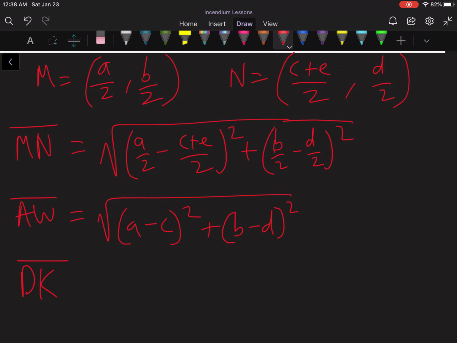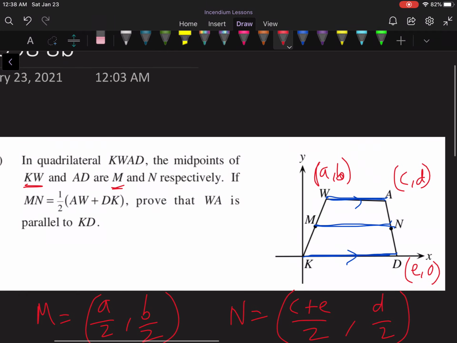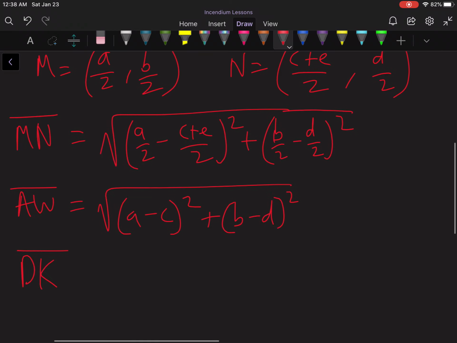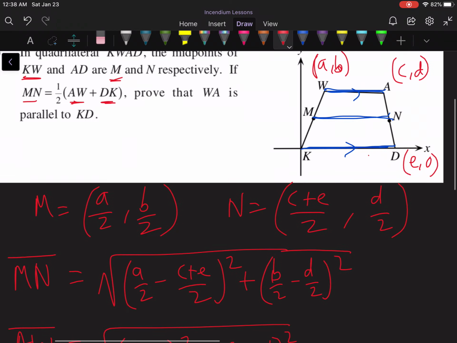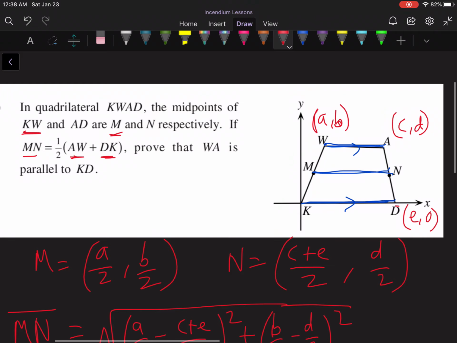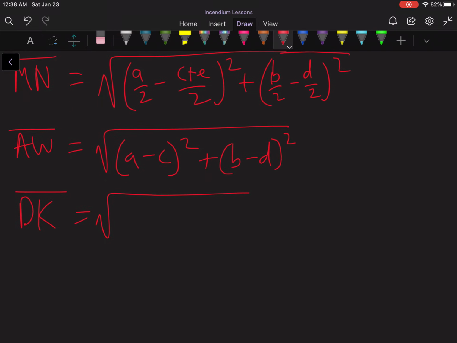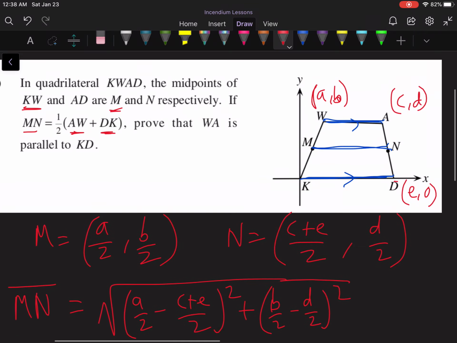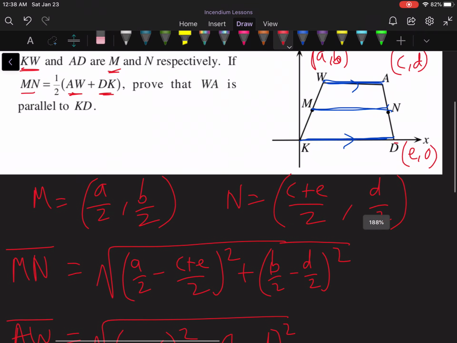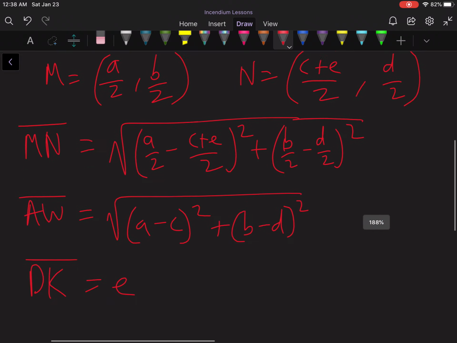Keep in mind, all I'm trying to do here is find the individual lengths of all of these distances in the formula. So DK is, oh, this is convenient. We don't even need the square root. It's literally just E. The length of DK is E because it's parallel to the x-axis. I can erase that off. DK is E. Great.